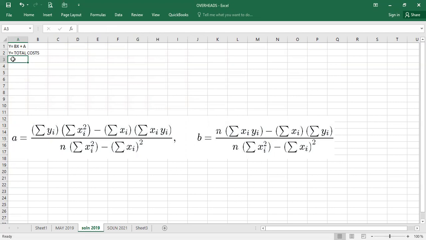As you know, the total cost has both the component of the variable cost and the fixed component.